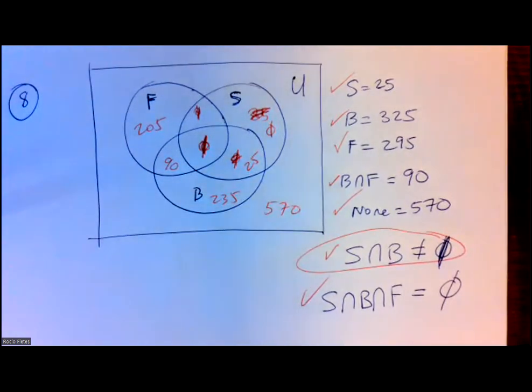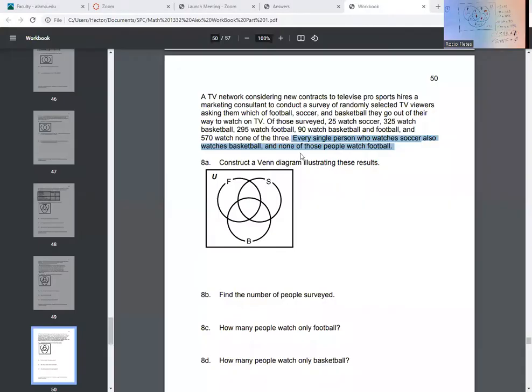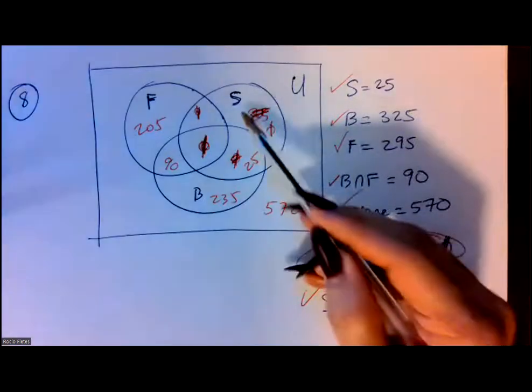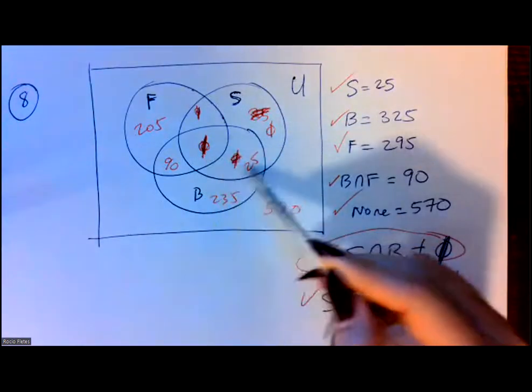Because remember what it reads here. Why do I know that? Every single person who watches soccer also watches basketball. That means that the soccer and the basketball intersection has to have some elements. The soccer and the basketball is this area here.